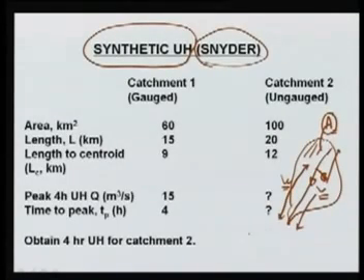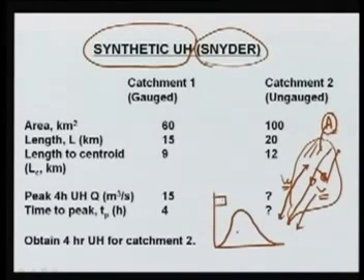So what Snyder has in his synthetic hydrograph, he has related the characteristics of the hydrographs. Suppose this is the duration of the rainfall, TR, effective duration, from the center of this rain to the peak. He called the lag as TP.